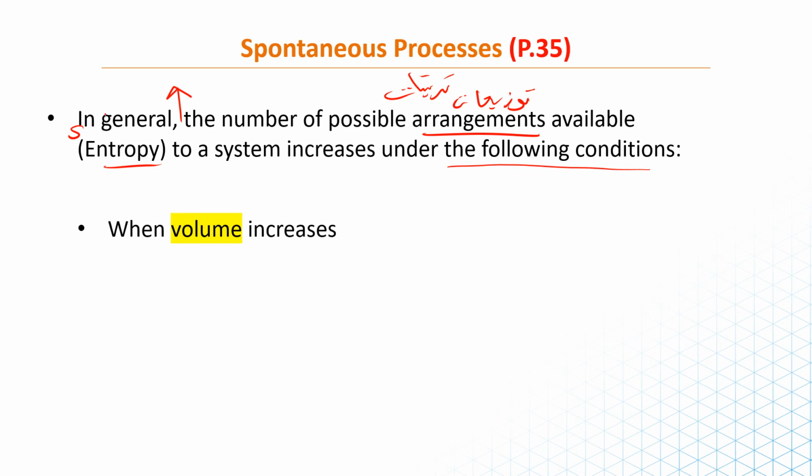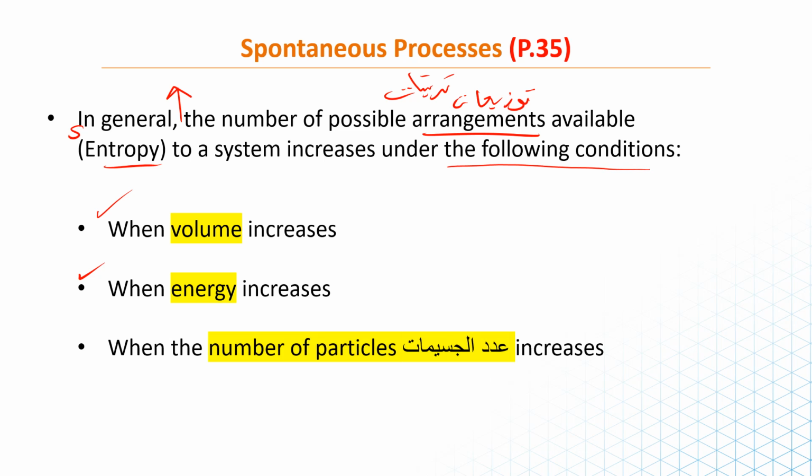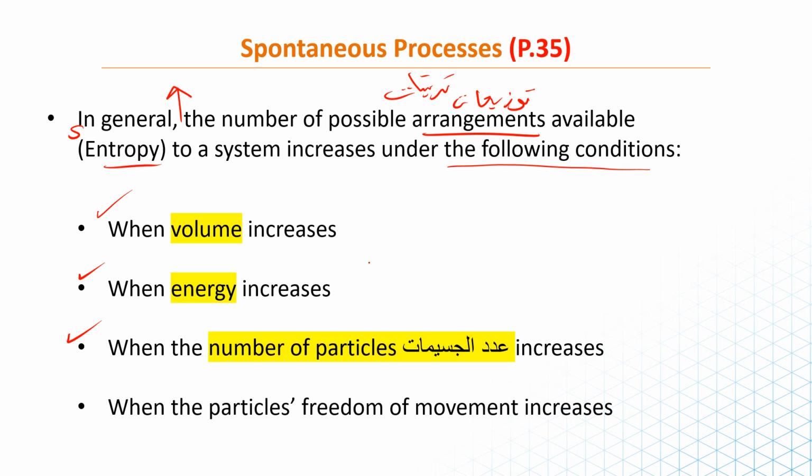Okay? When the volume increases, because you have a larger area for things to move around. When energy increases, that means the particles will be moving faster and in a random way. When the number of particles increases, because that increases the possible arrangements available, and when the particles' freedom of movement increases.